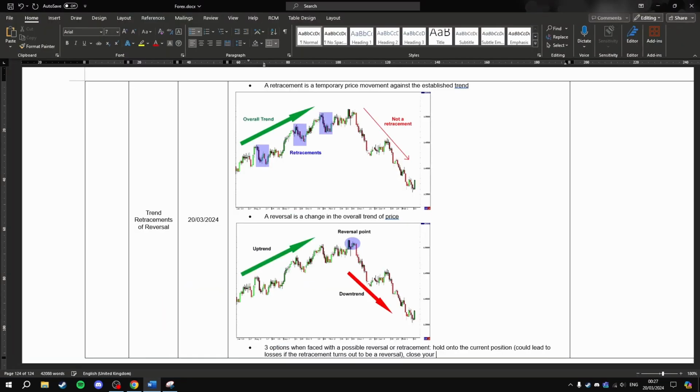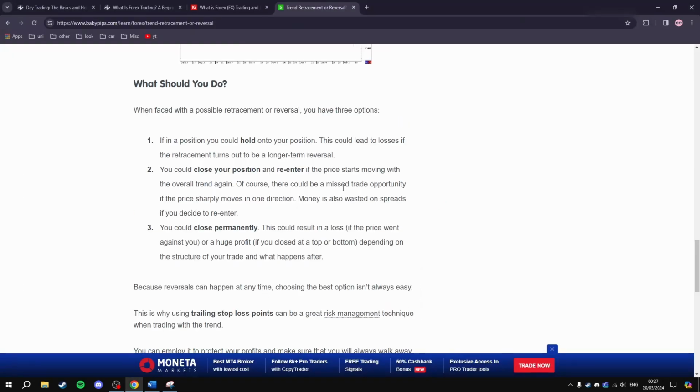Option two, close the position and re-enter if the price starts moving with the overall trend again. Of course, there could be a missed trade opportunity if the price sharply moves in one direction. Money is also wasted on spreads if you decide to re-enter.